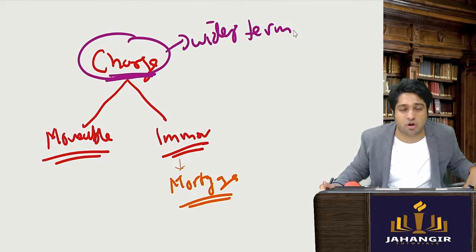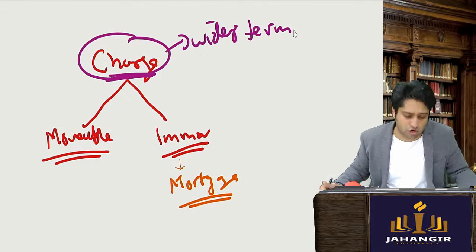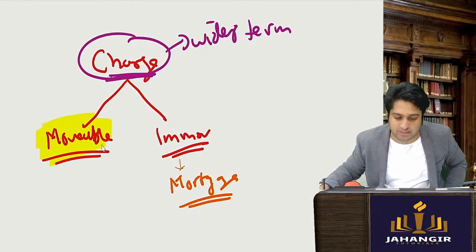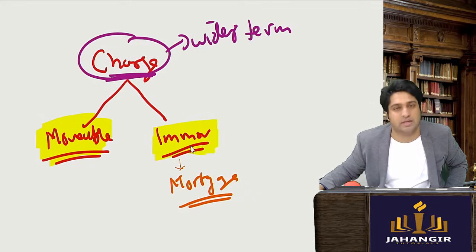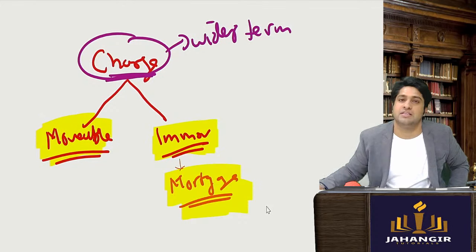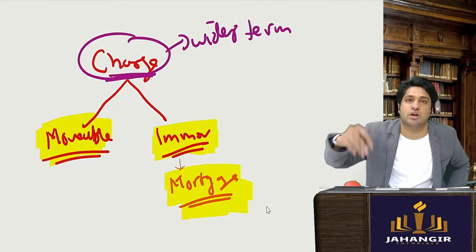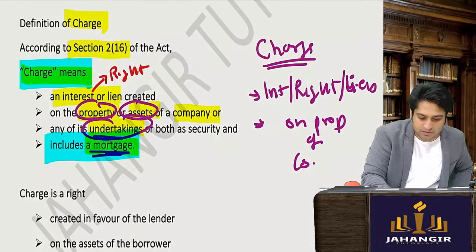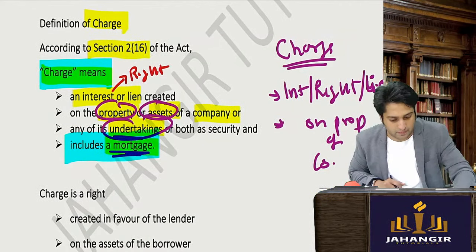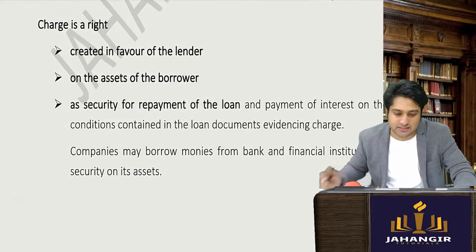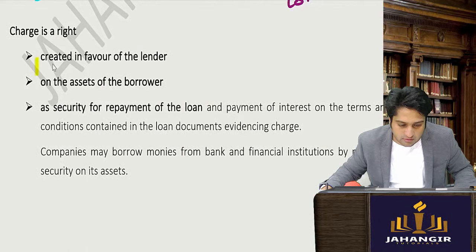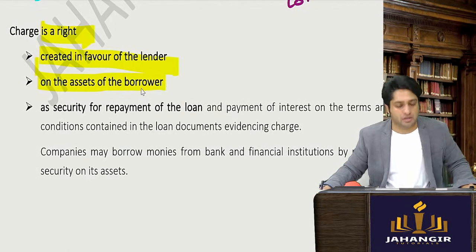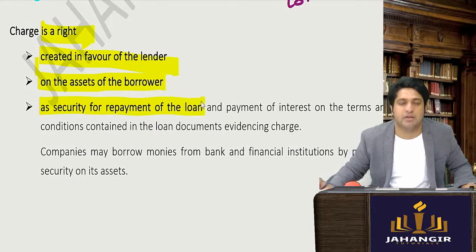Data can be kept as security. Shares can be kept as security. Something called pledging. So all of that, movable property, can also be kept. Immovable property can also be kept. When immovable property is kept as security to take a loan, it is called a mortgage. Clear till here? So charge is a wider term. Now, charge is nothing but a right created in favor of the lender on the assets of the borrower as a security for repayment of the loan.